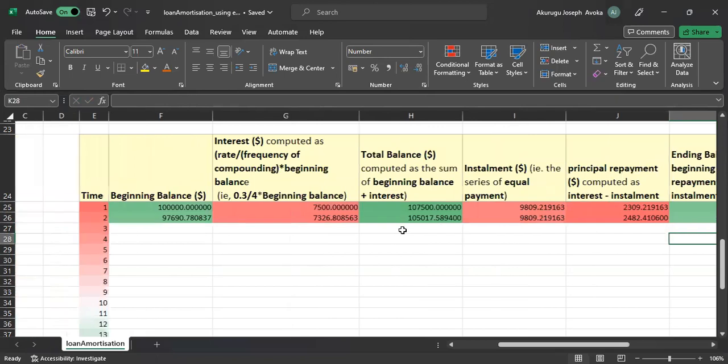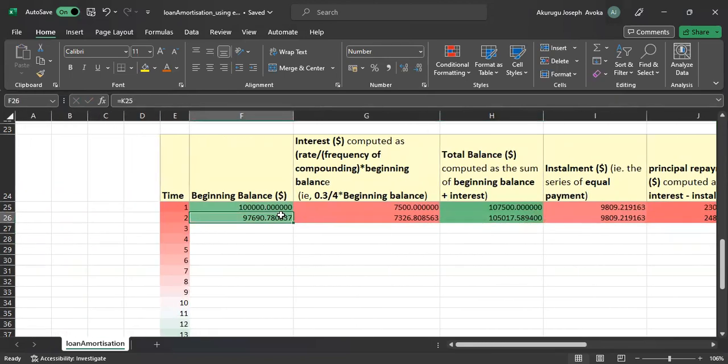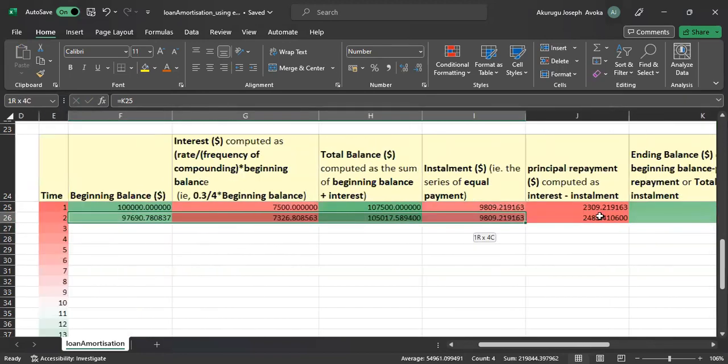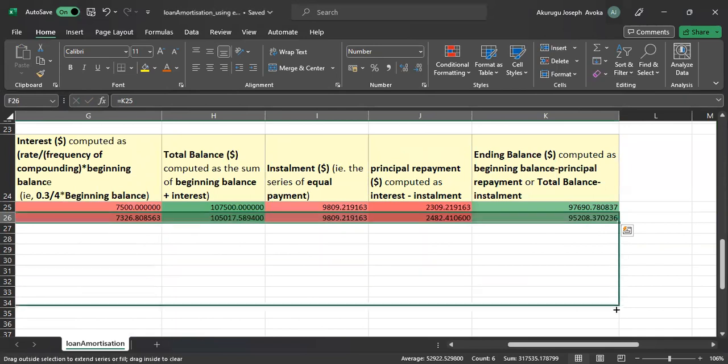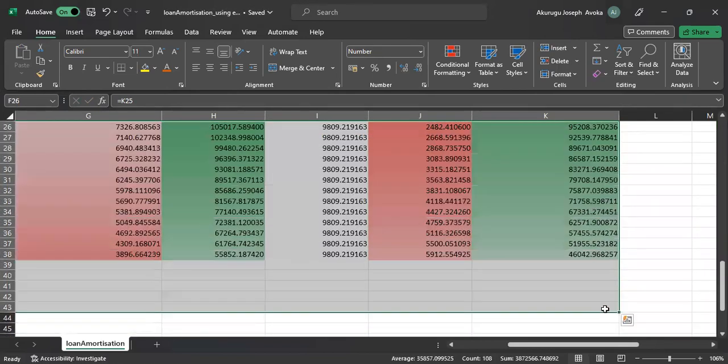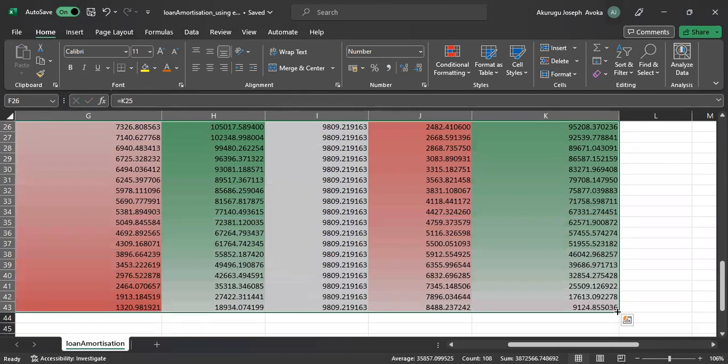Okay, everything is working. So I select everything here, up to this point, then I drag everything across. Then I am supposed to get it right.